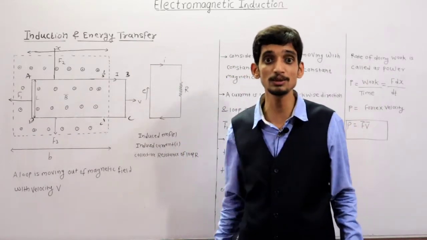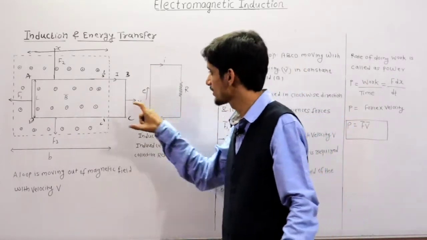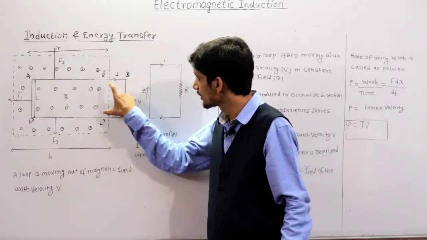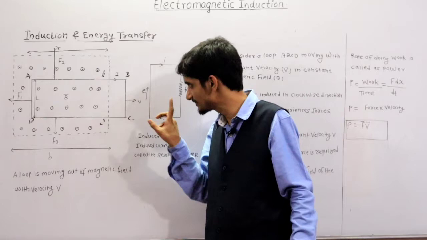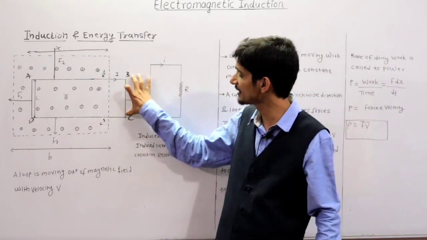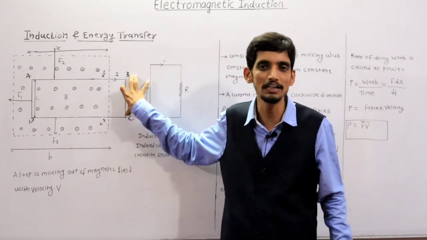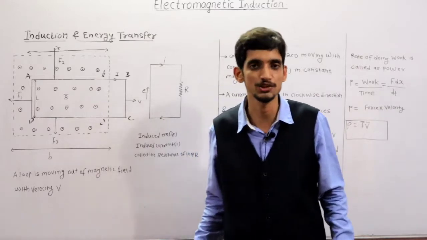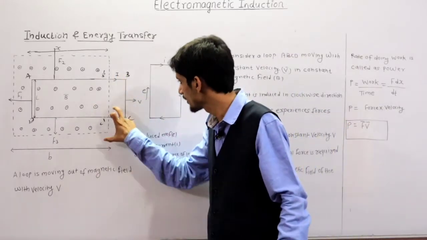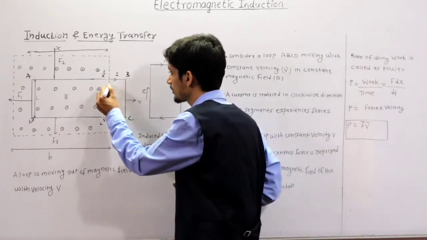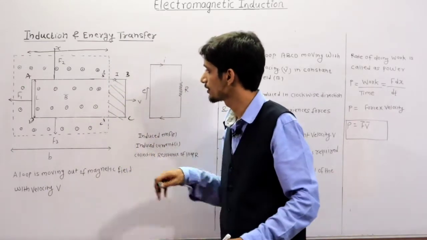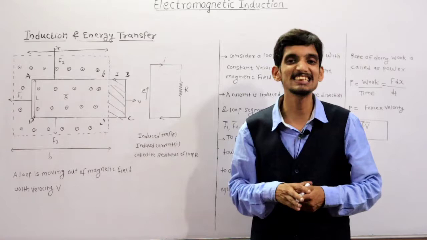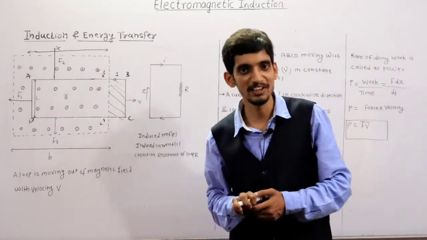As this segment is moving, what happens? Now the initial position of the segment B dash C dash has shifted to BC, and it is now termed the BC segment instead of B dash C dash. So this particular area, indicated by the shaded portion, is now out of the magnetic field.